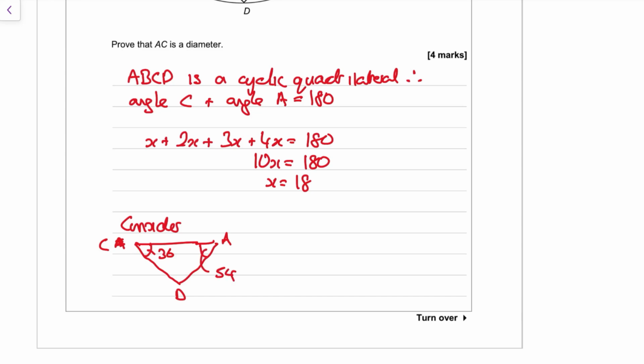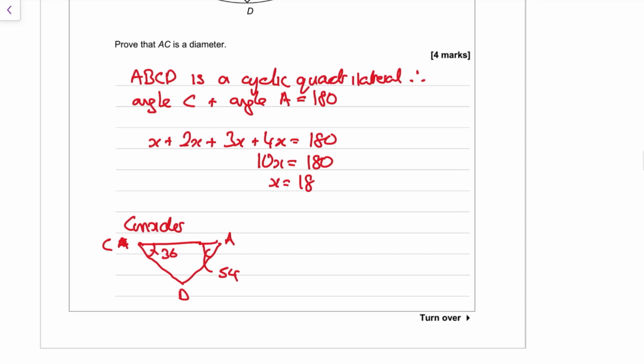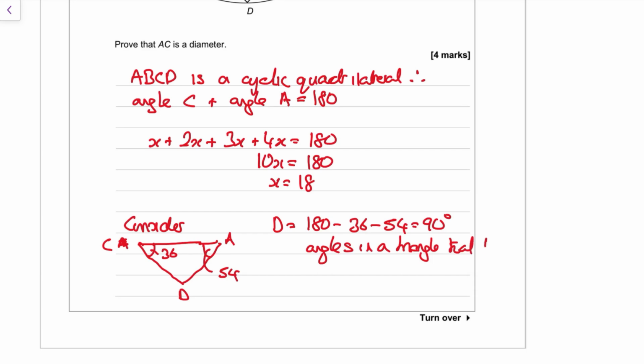Now, I just need to make a statement as to why angle D is 90 degrees and then explain what that means. So angle D equals 180 minus 36 minus 54, which equals 90 degrees, yes it does. I'm going to write angles in a triangle total 180.